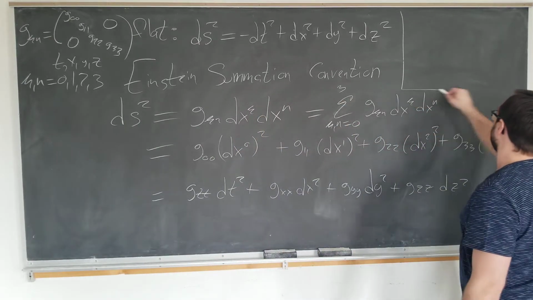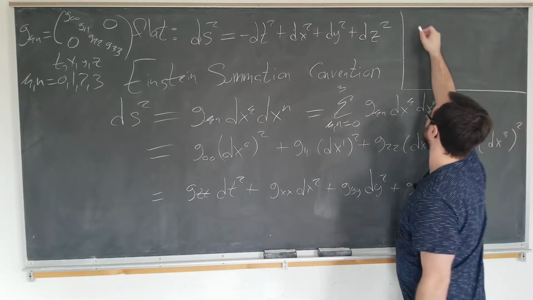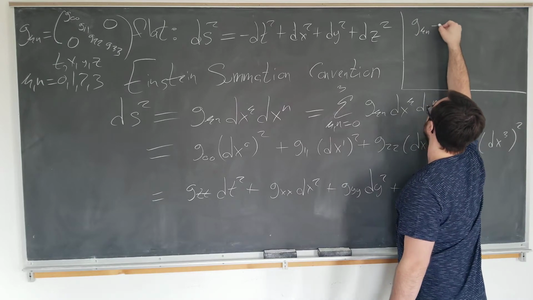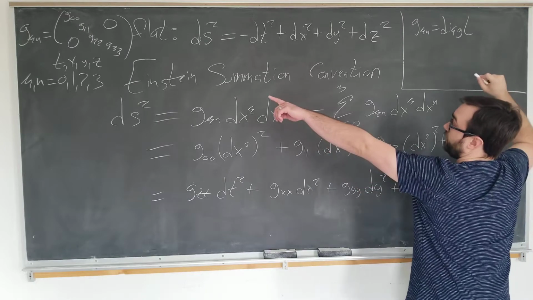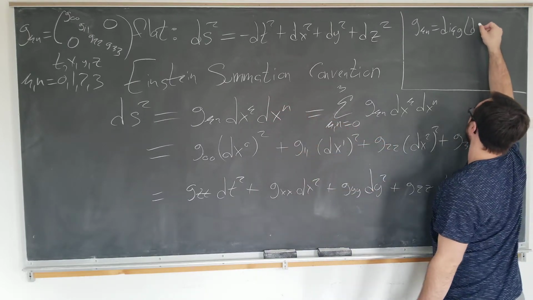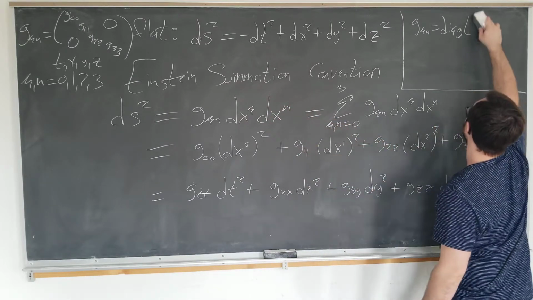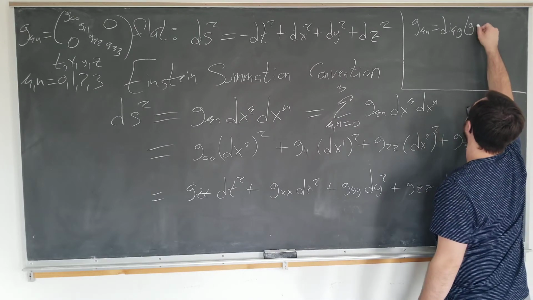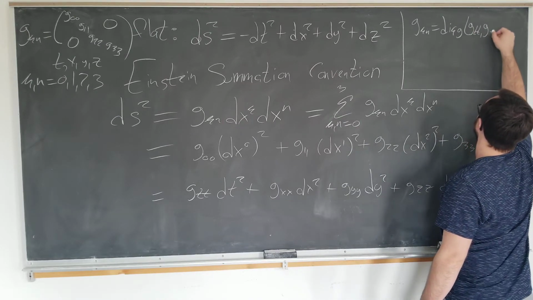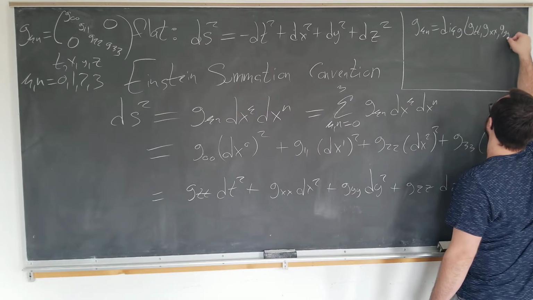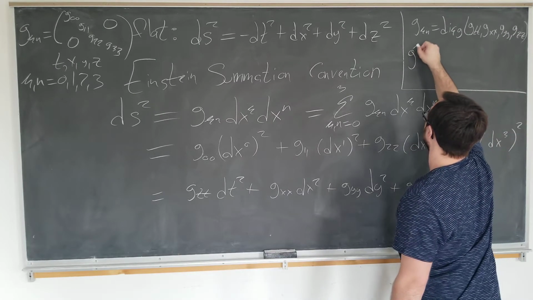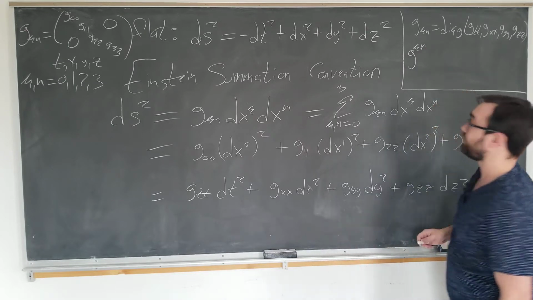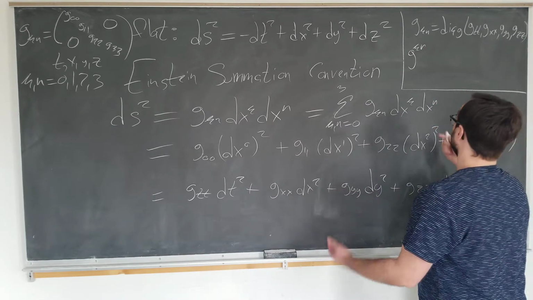So if we have a metric g mu nu to be a diagonal matrix, which is typically the case, which is exactly what I've written up there, gtt, gxx, gyy, and gzz, then we're going to have this other symbol, g with the indices raised, as the inverse.